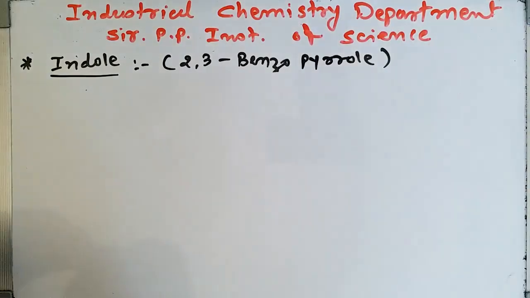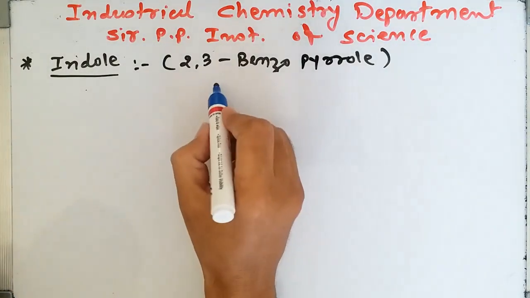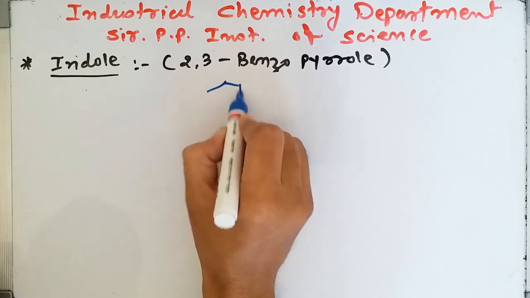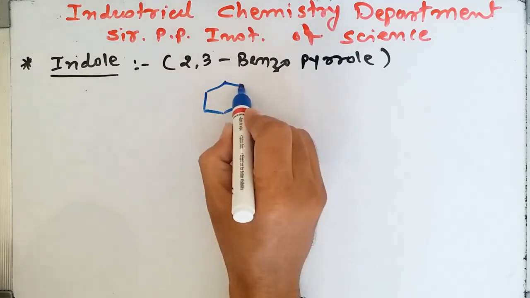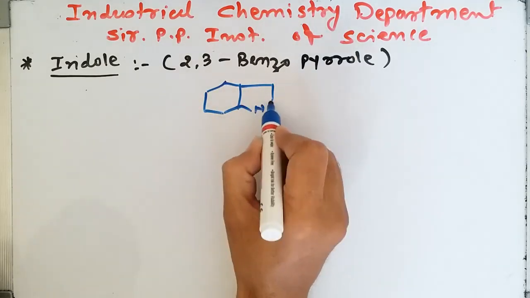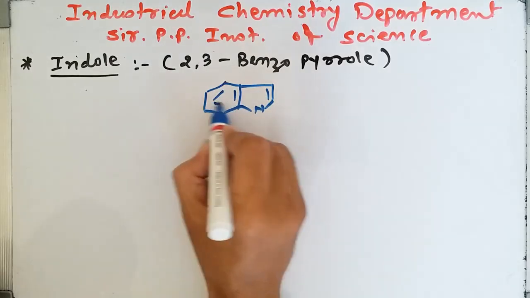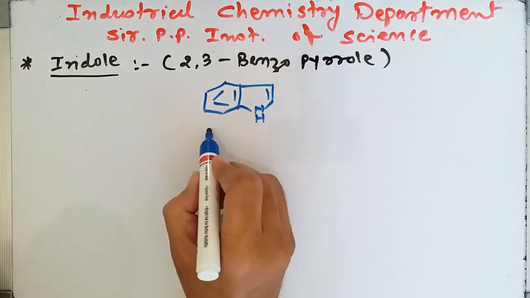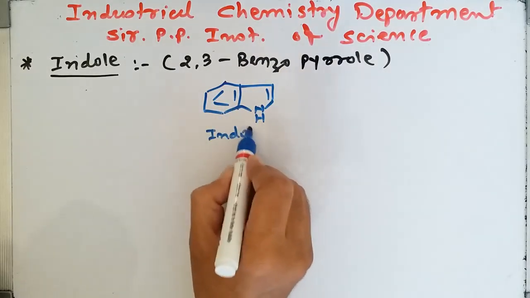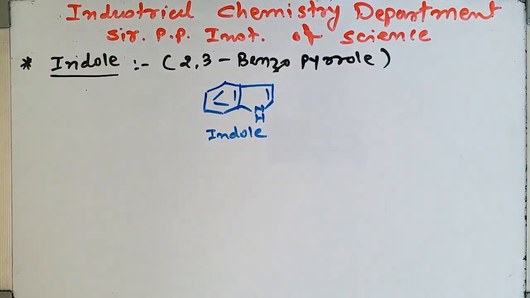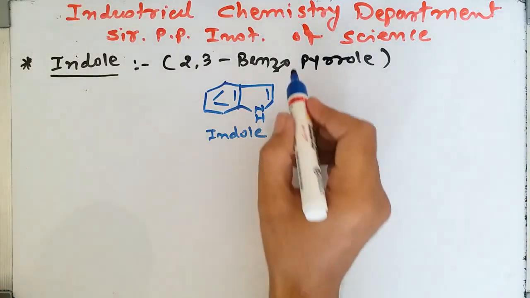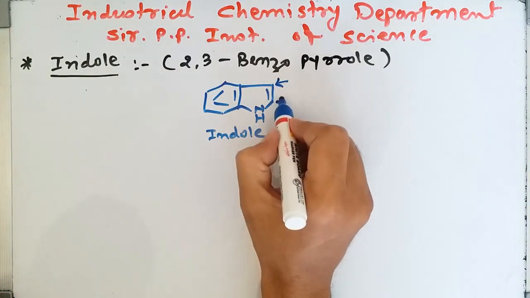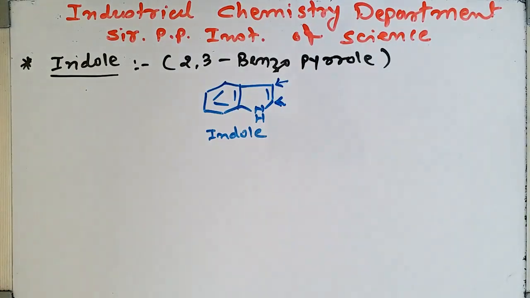I write down the structure in the center. Electrophilic substitution reaction takes place at the 2 or 3 position.